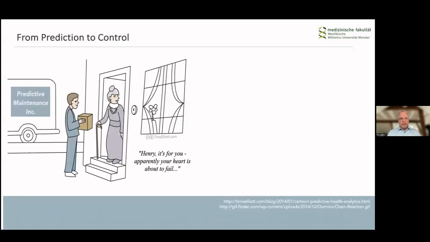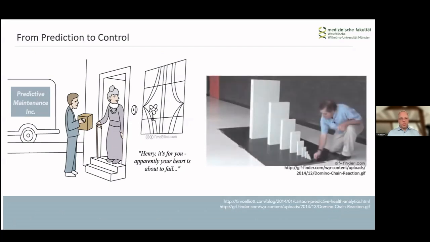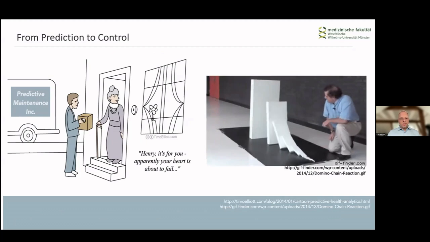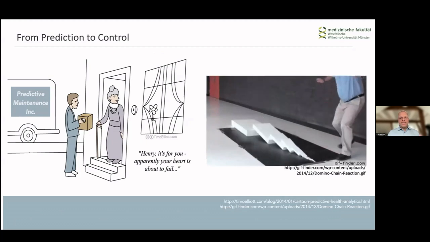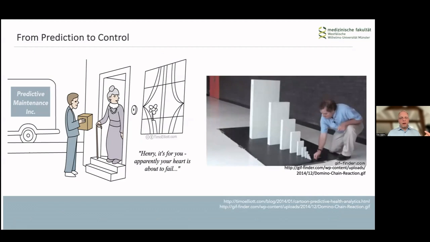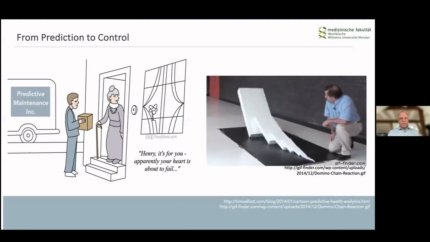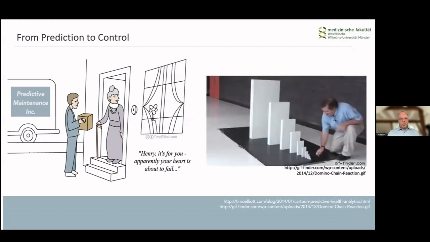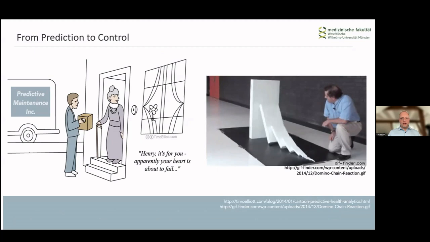So what we want to do in the last step is move from making a prediction about a single subject to having an intervention that requires the least amount of energy to have the largest downstream effect. So we want to treat the patient in the most unobtrusive way possible with the lowest energy possible and still have a very large downstream effect.